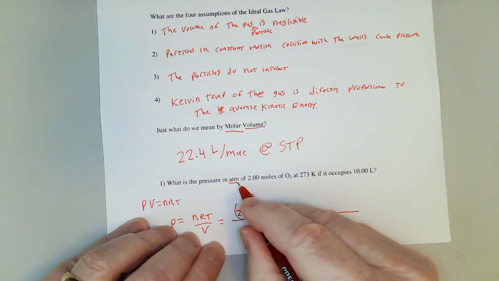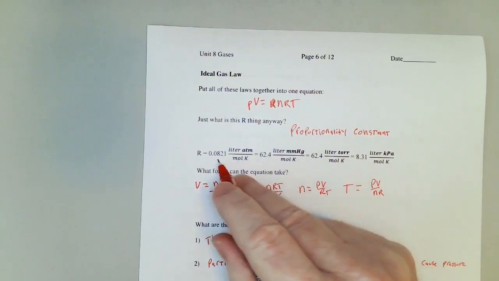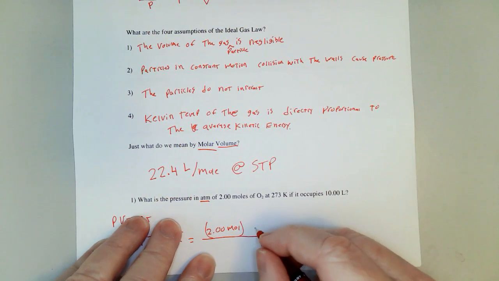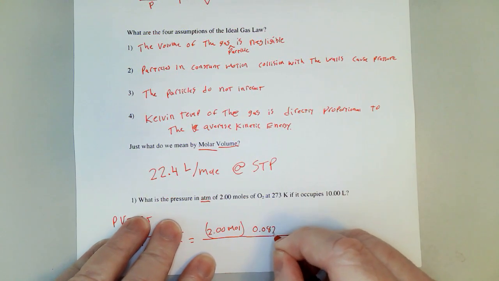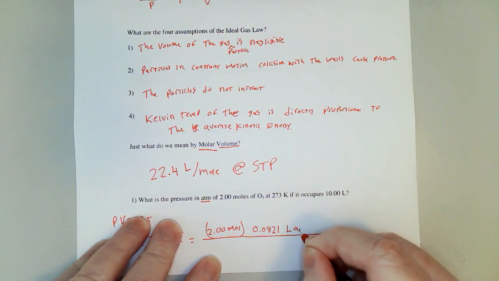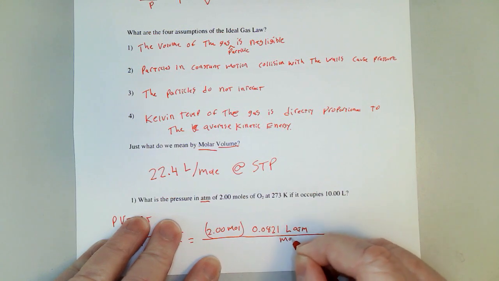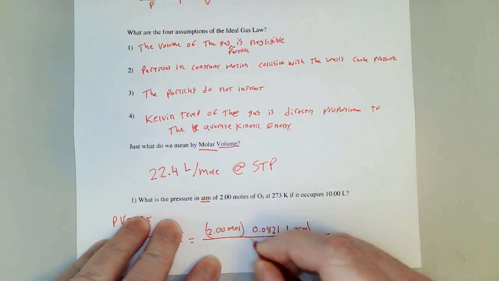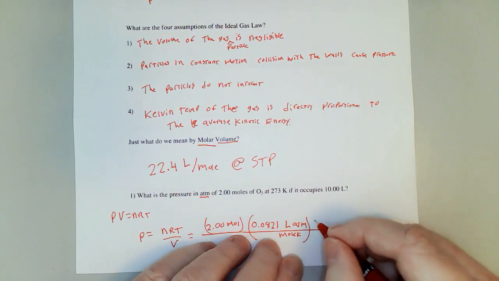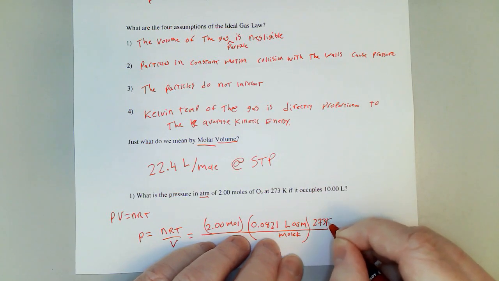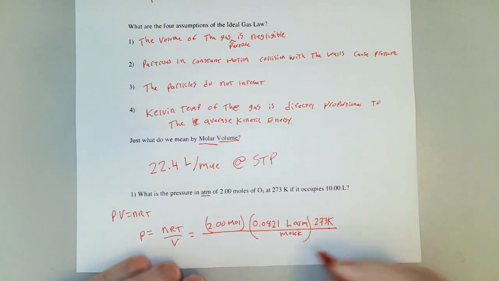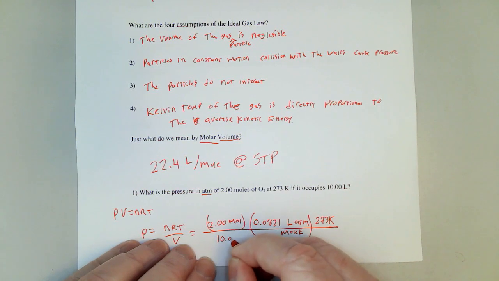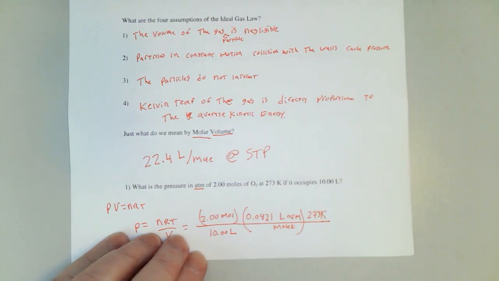R, we're looking in atmospheres, so I use this value of R, 0.0821 liter atmosphere per mole K. Temperature 273 K, and a volume of 10.00 liters.